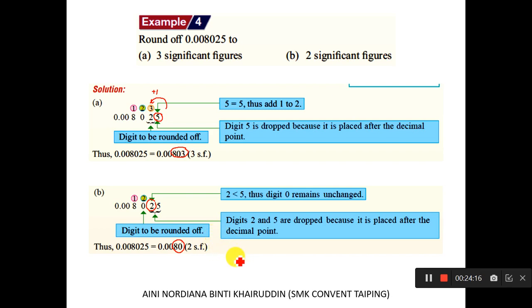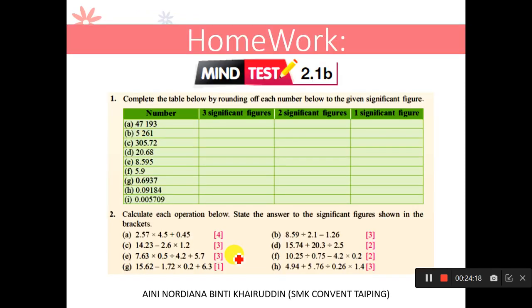based on significant figures. And this is your homework. Complete the table below by rounding each of the numbers below to the given significant figures. So this table is for 3 significant figures, have a look. I will show you one example for A. So 1, 2, 3.